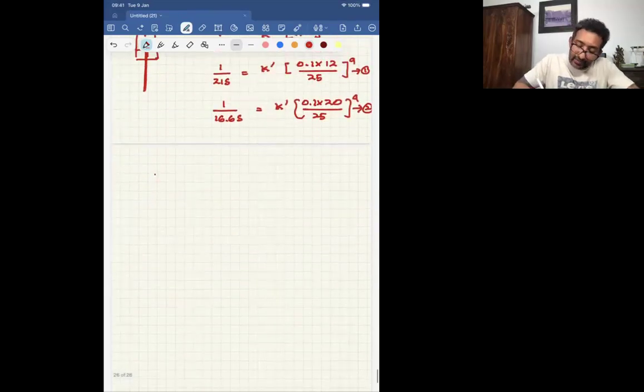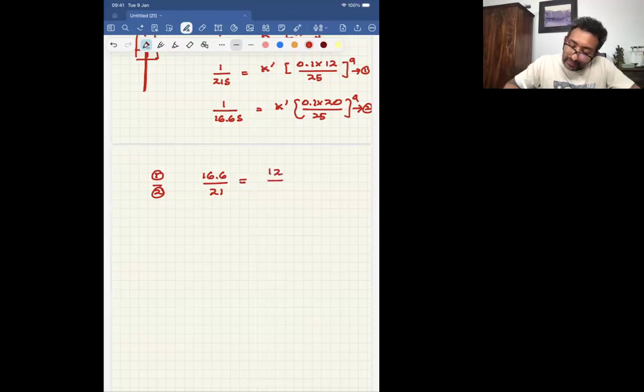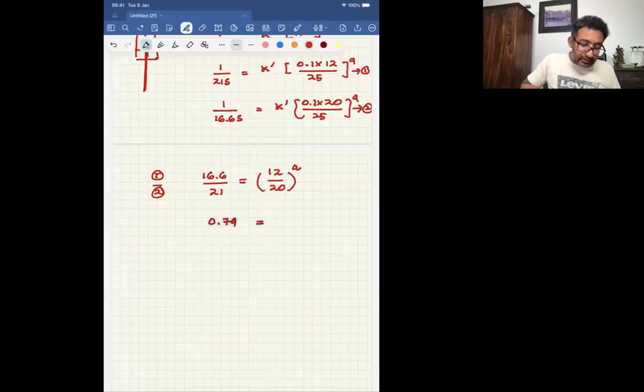So let us take 1 divided by 2. Here, 16.6 divided by 21 is equal to 12 divided by 20 to the power a. All the other things cancel out. 16.6 divided by 21 is equal to 0.79. 12 divided by 20 is 0.6 to the power a.